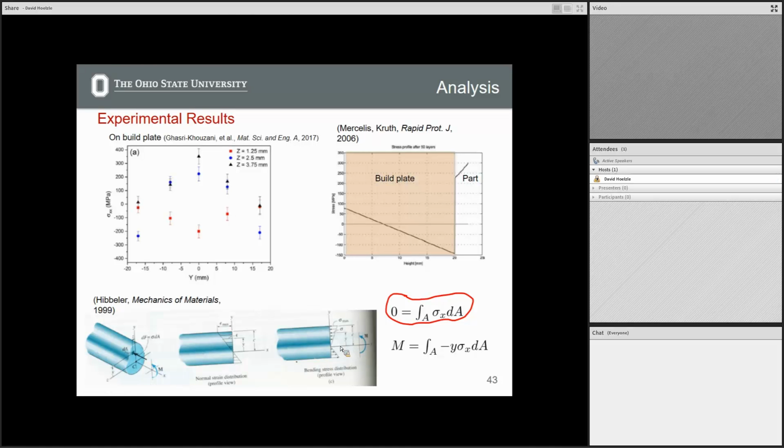From this central axis, which is actually the center of gravity of this cross-section, you can calculate the moment about that center of gravity. That is simply looking at the residual stress multiplied by its moment arm, which is y, and you sum them all up to get the instantaneous moment. So these are the two things that we have to concern ourselves with here.